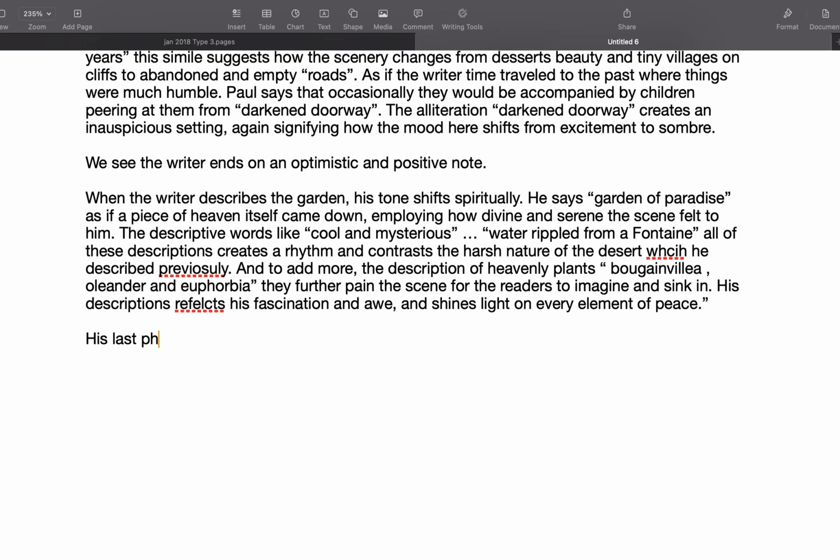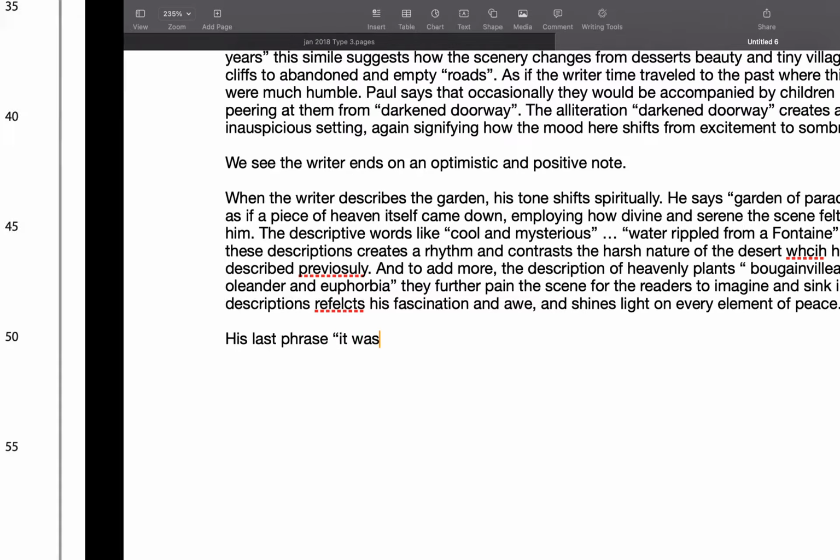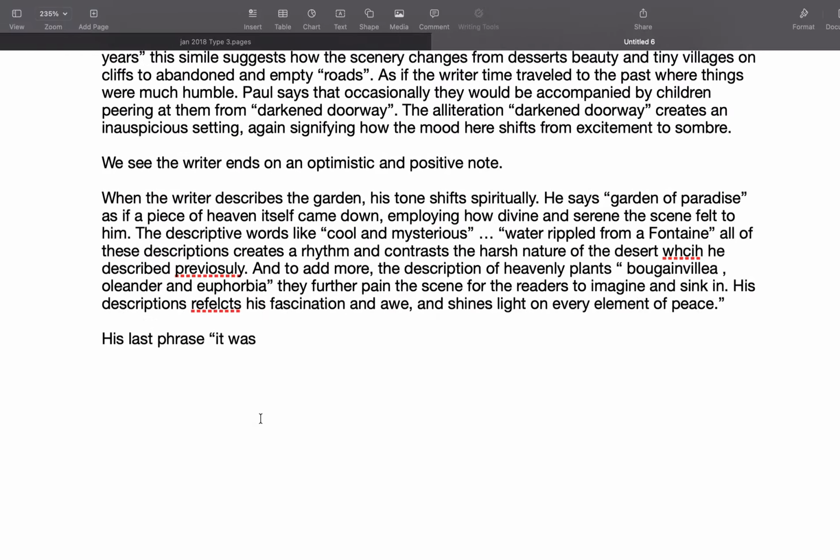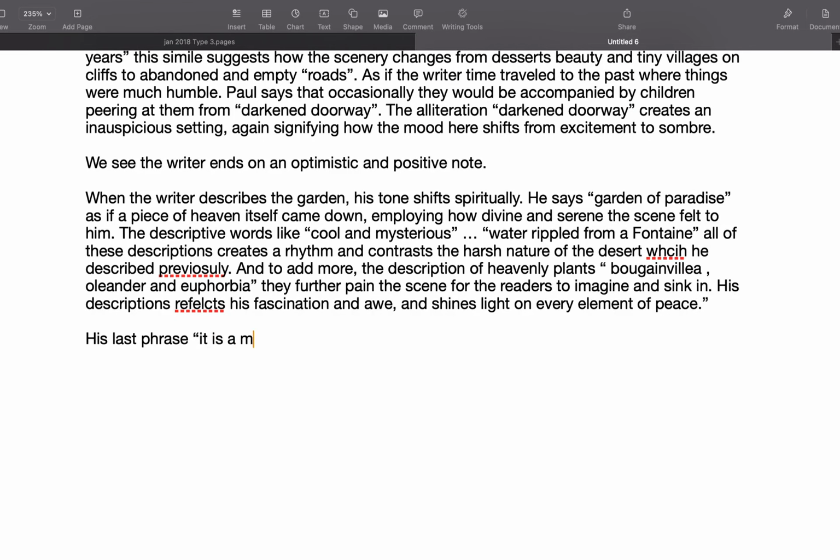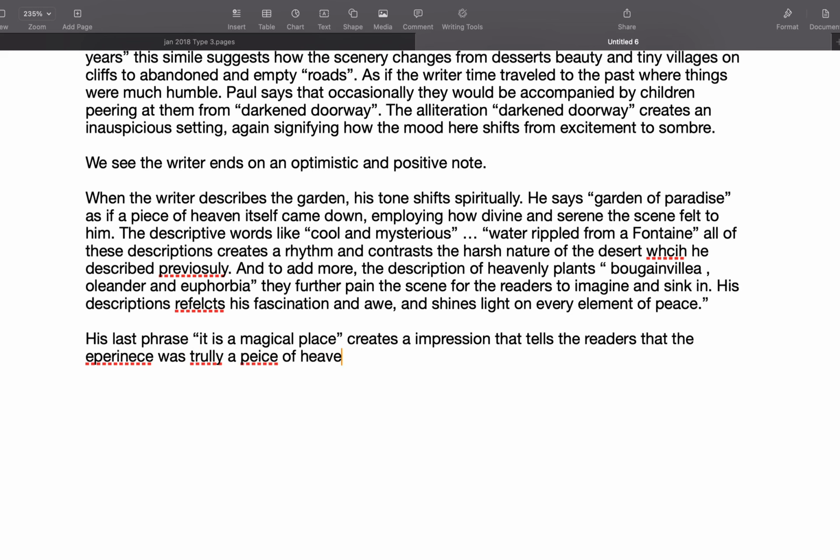His last phrase, what was it? It was, "It is a magical place. It is a magical place." This creates an impression that tells the readers the experience was truly a piece of heaven itself.